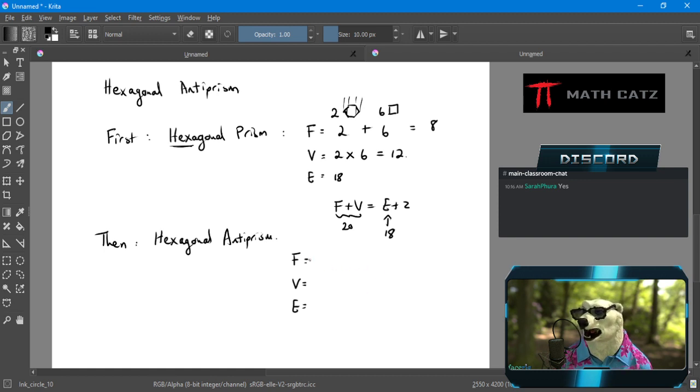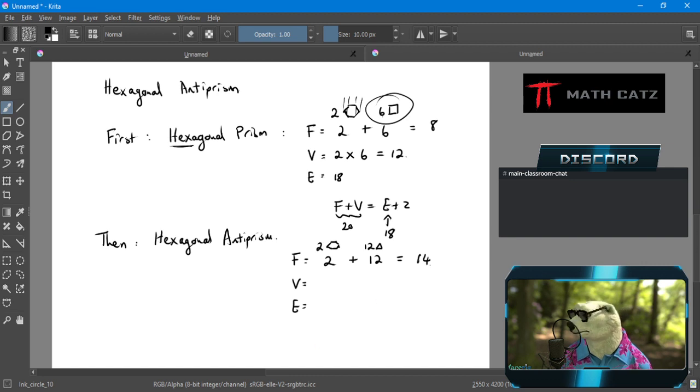In doing that, I still have my original two hexagons. Now, instead of the original 6 squares, I now have 12 triangles. Each square splits into 2 triangles. So I have 14 faces.